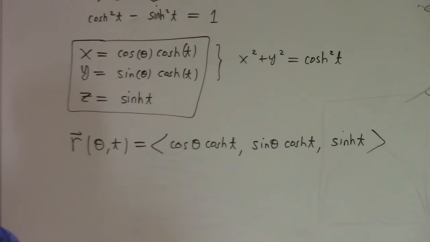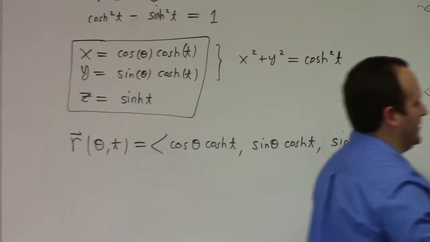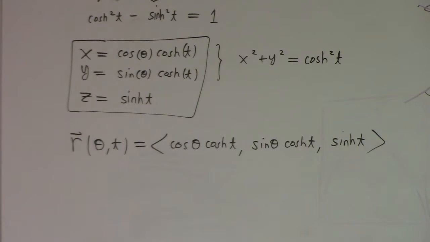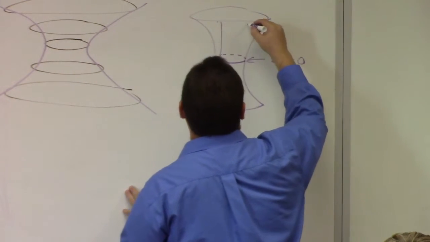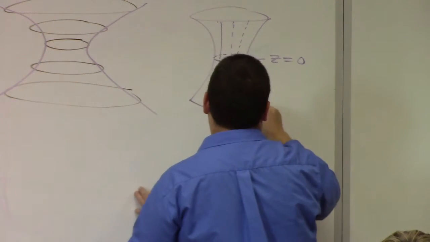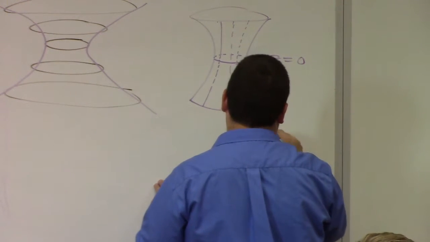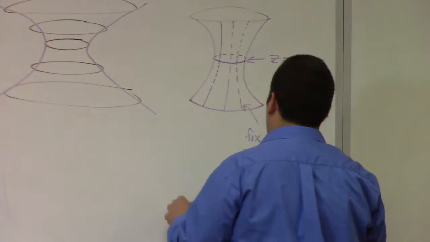I think those are the ones that kind of go vertically. Like this. So these are from fixing theta, let t vary.